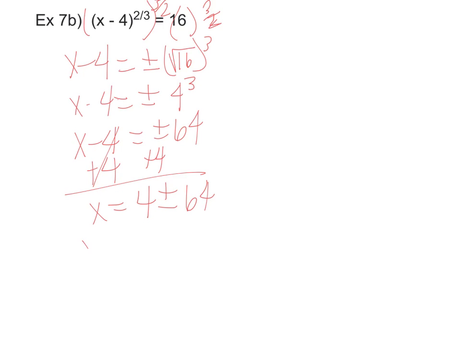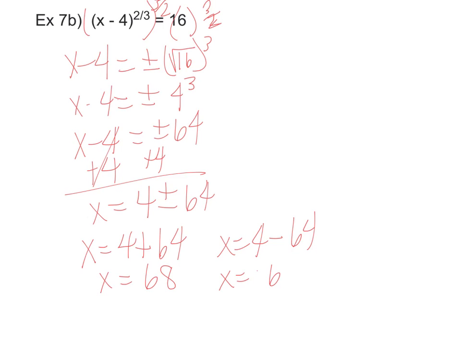So essentially we have two answers here. x is equal to 4 plus 64, and x is equal to 4 minus 64. So x is really equal to 68 and a negative 60. Very cool. So for this particular problem, you have two answers. Nice.